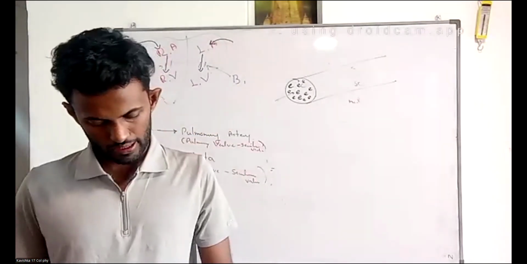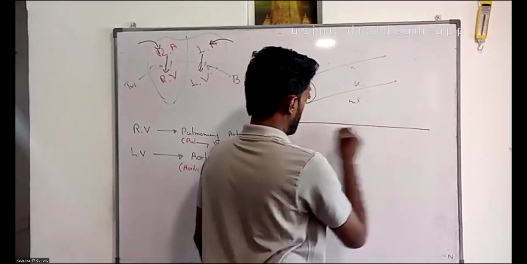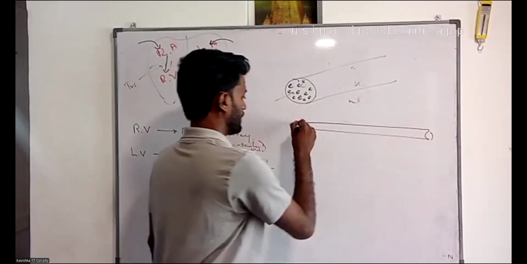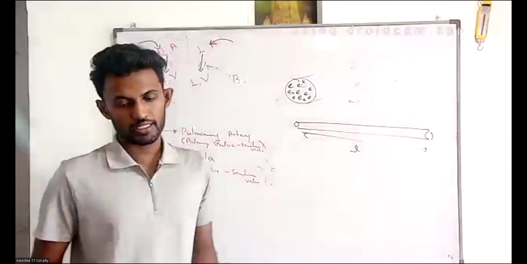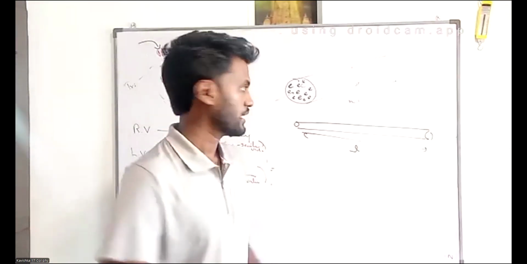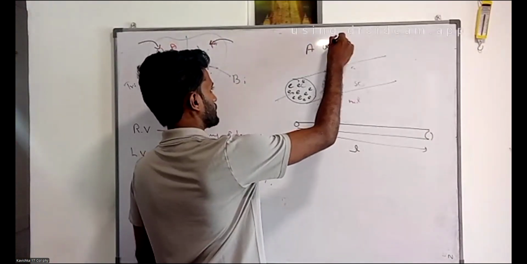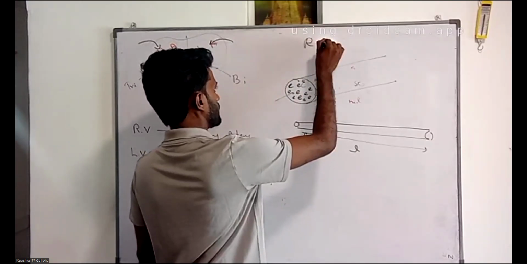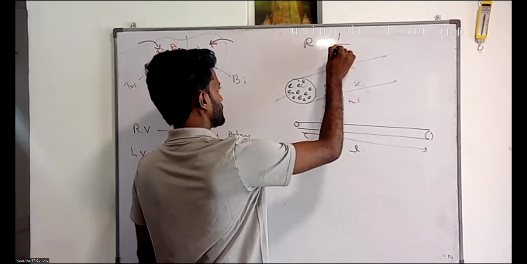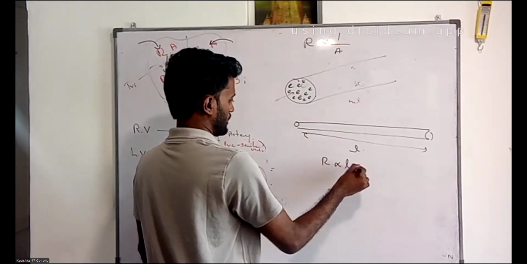Then the other one is length. When the length increases, what happens? The resistance increases. So resistance is inversely proportional to the cross-sectional area, and resistance is directly proportional to the length.